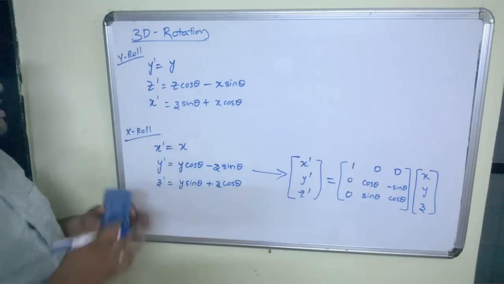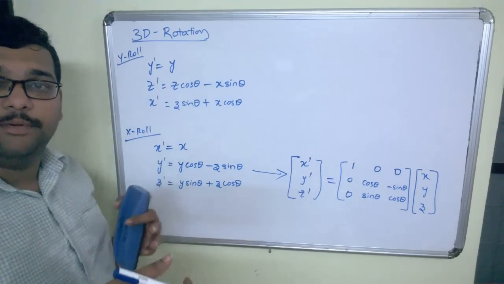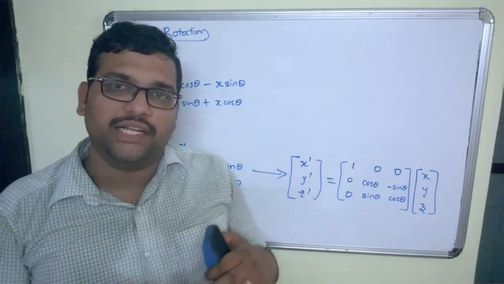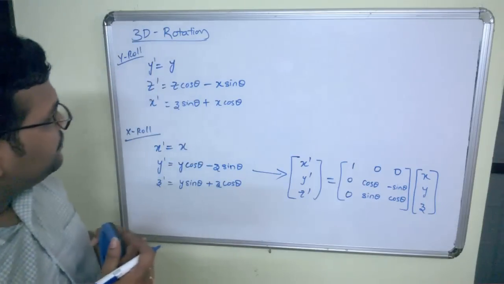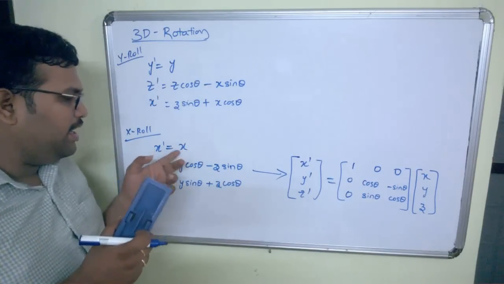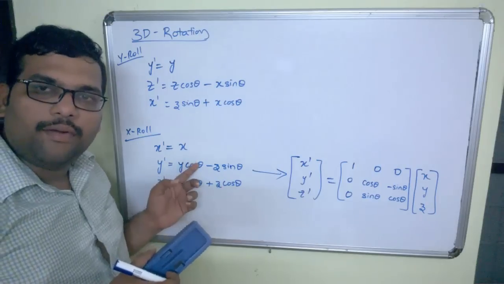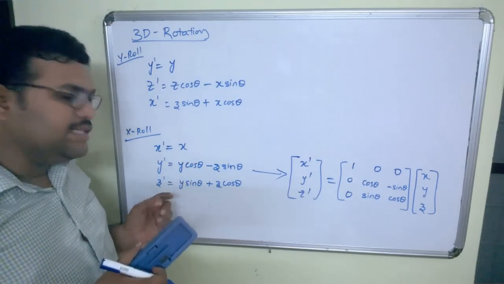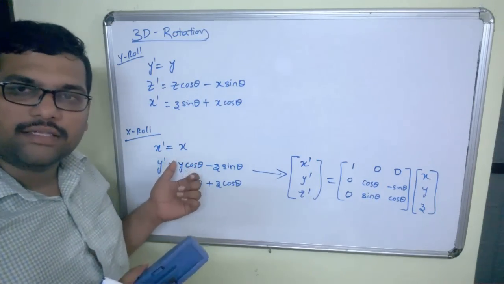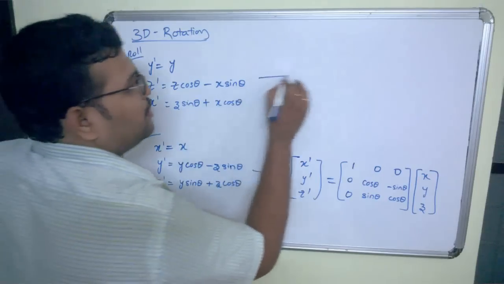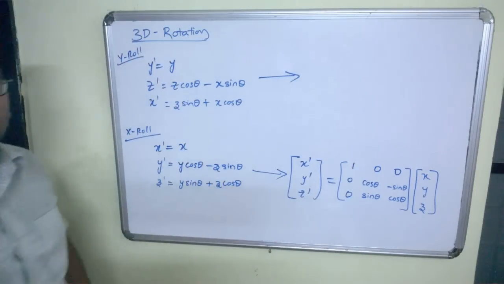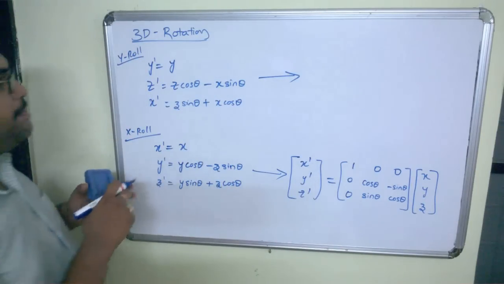So this is the formula. Just we are shifting. X will be moved to y, y will be moved to z, and z will be moved to x. Similarly, in the x rot, x will be same. So x formula will be moved to y, y formula will be moved to z, and z formula will be moved to x.